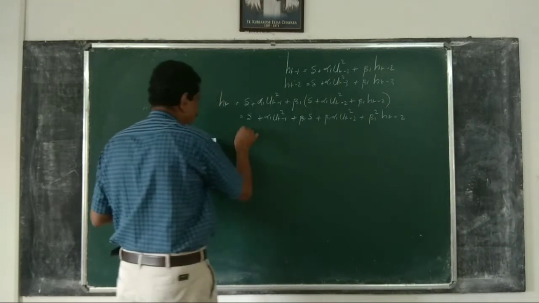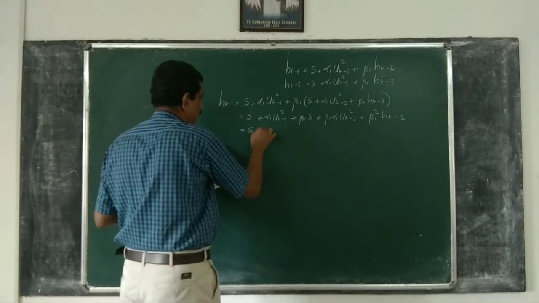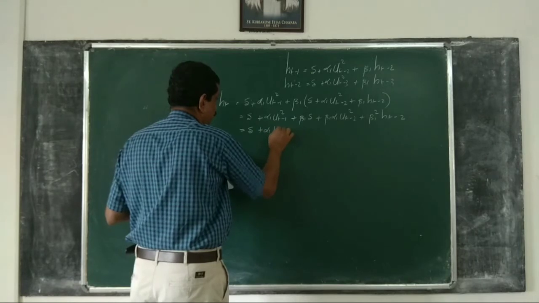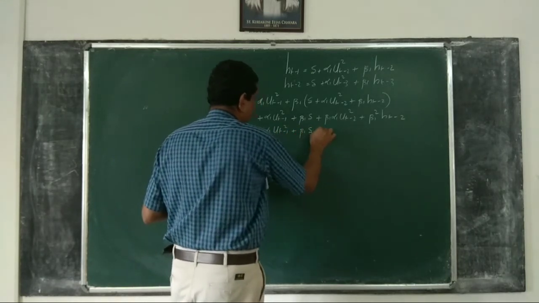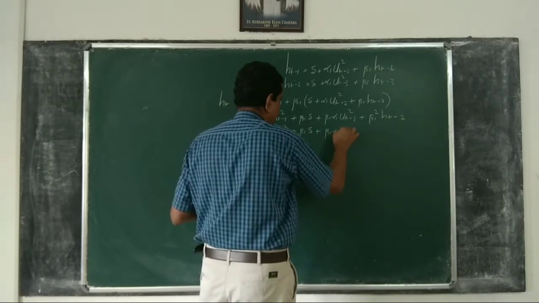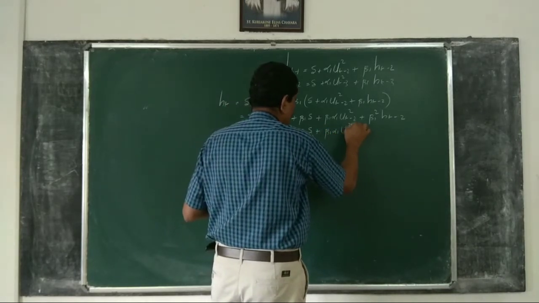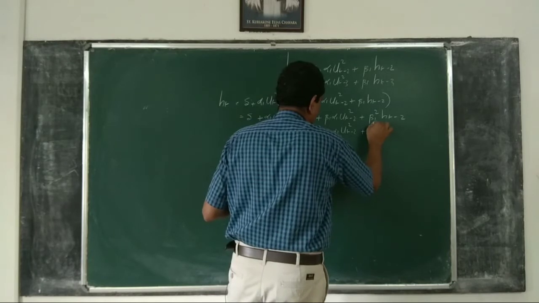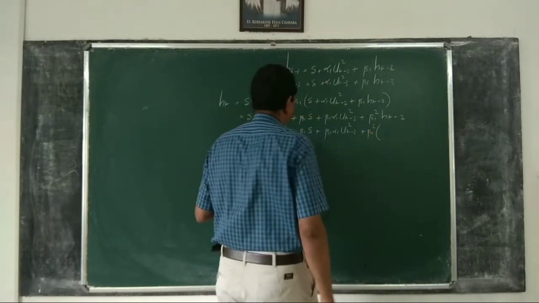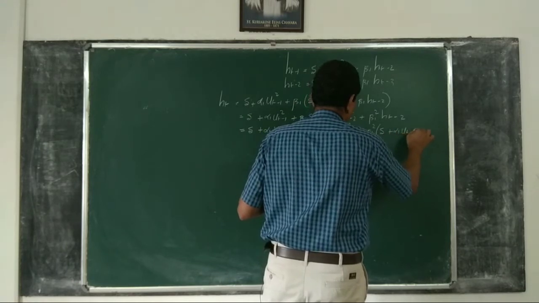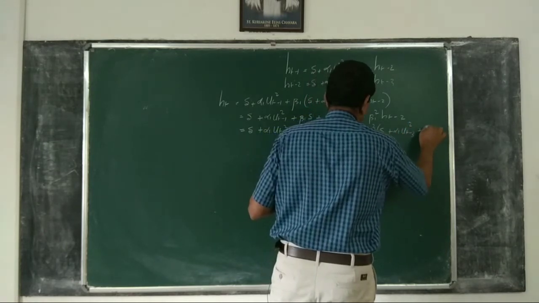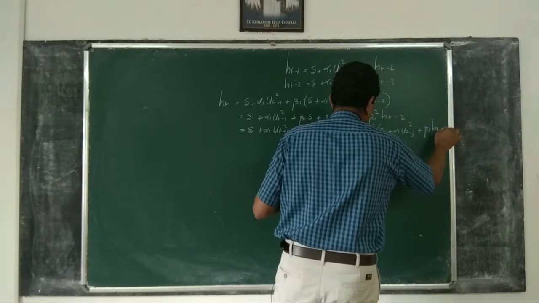Now, this can be written as delta plus alpha 1 u_{t-1} squared plus beta 1 delta plus beta 1 alpha 1 u_{t-2} squared plus beta 1 squared times (delta plus alpha 1 u_{t-3} squared plus beta 1 h_{t-3}).